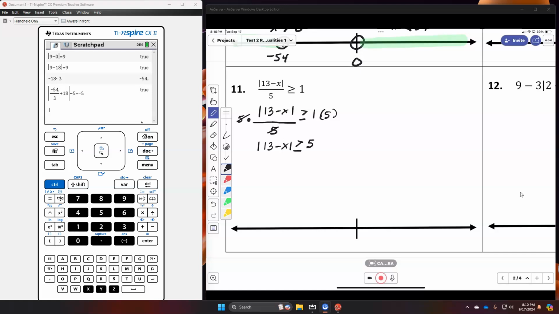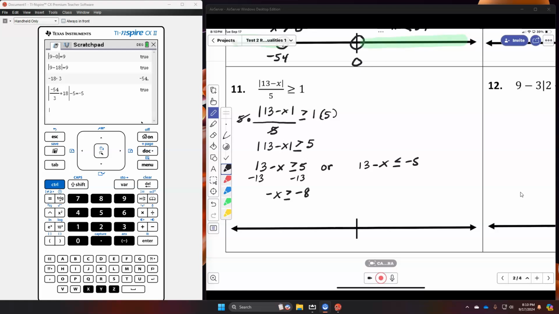So now what you have is 13 minus x is greater than or equal to 5, or 13 minus x is less than or equal to negative 5. So you subtract 13 from both sides. So you have negative x is greater than or equal to 5 minus 13, which is negative 8.